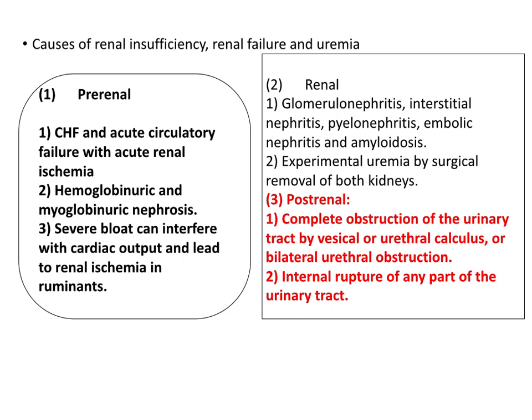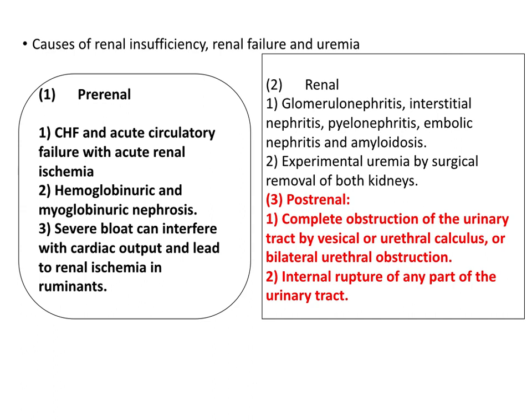The renal causes include glomerulonephritis, interstitial nephritis, pyelonephritis, embolic nephritis, and amyloidosis. Number 2, experimental uremia by surgical removal of both kidneys can be one of the causes of renal insufficiency or renal failure.